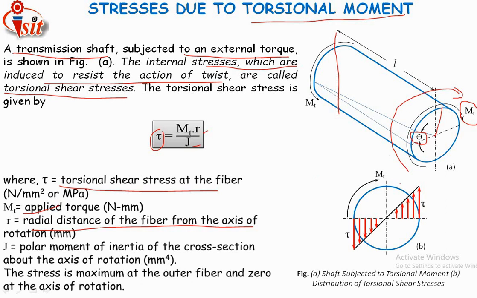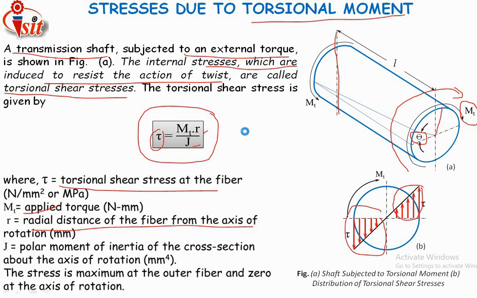Now as we have seen the stress distribution in bending stress, with fibers above the neutral axis and fibers below the neutral axis, the same stress distribution will take place in case of the torsional shear stress. Now this is the equation of torsional shear stress, keep it in mind, which is required for solving the problems.